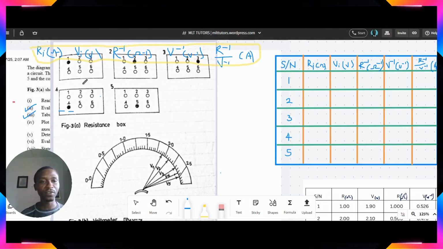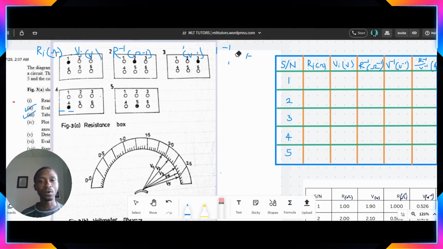So the first task is to get our R. And according to instruction, we are supposed to get our R on figure 3A. And precisely, if you are familiar with resistance boxes, you should know that this is how the resistance box looks like.